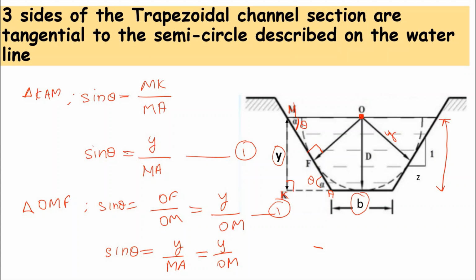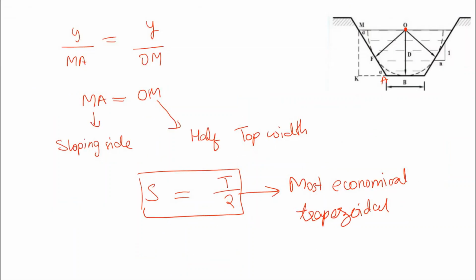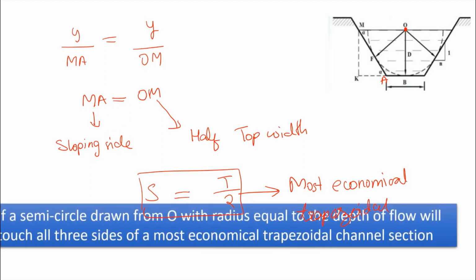So this is the third condition for a trapezoidal channel to be most economical. So if a semicircle is drawn from O with radius equal to the depth of the flow, it will touch all three sides of the most economical channel section.